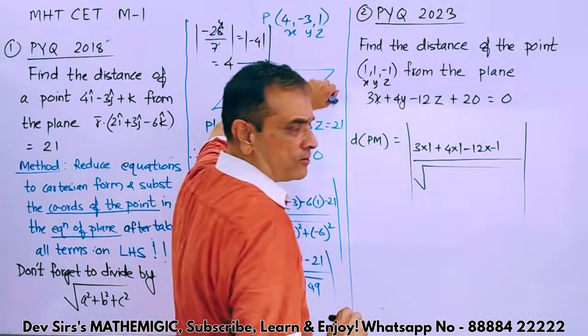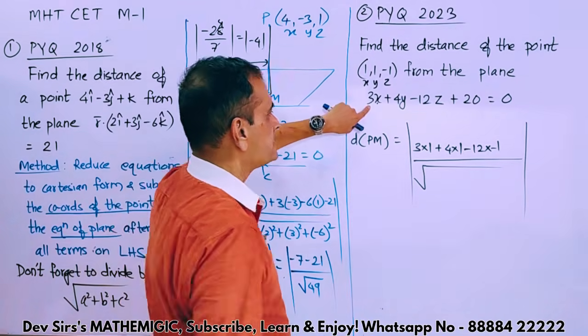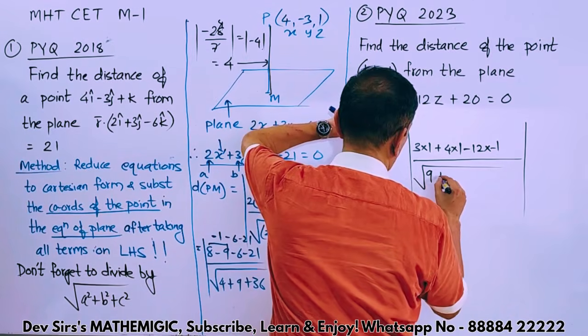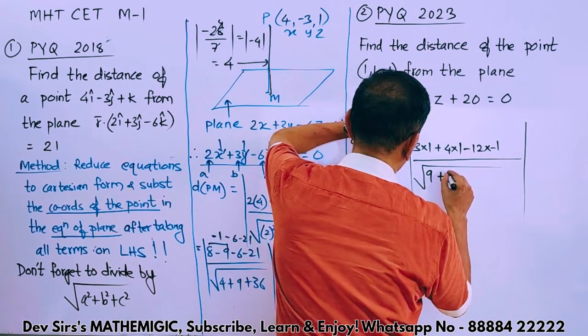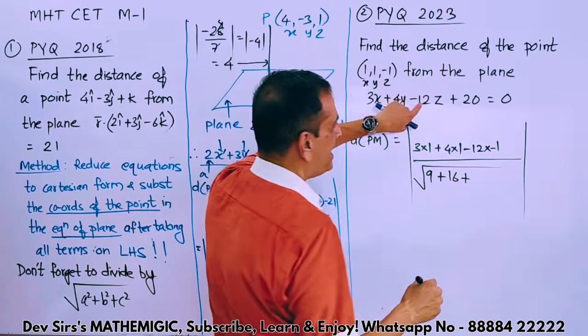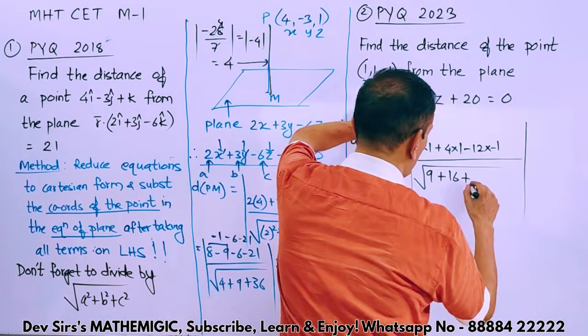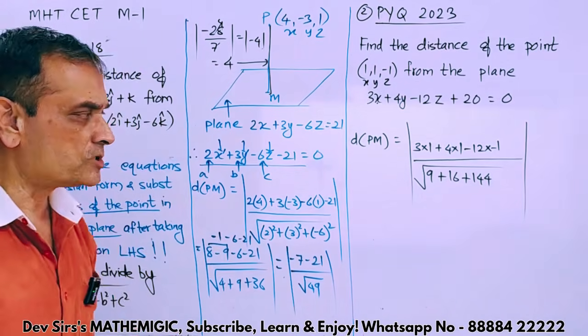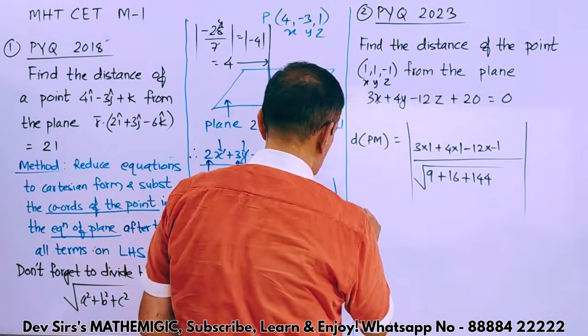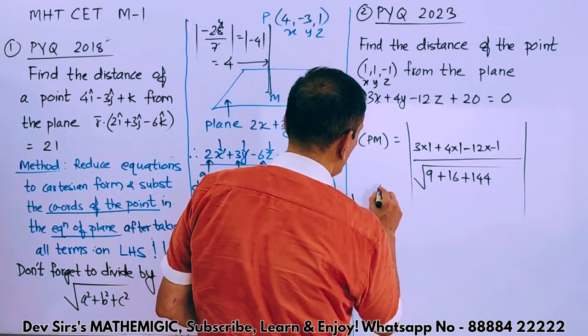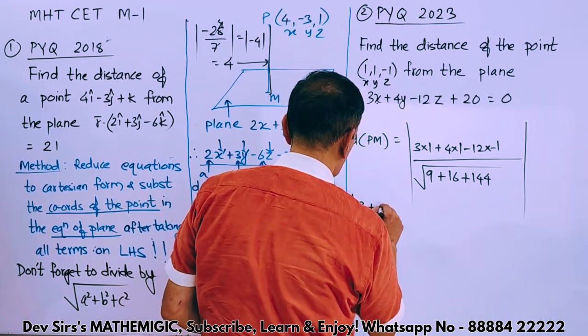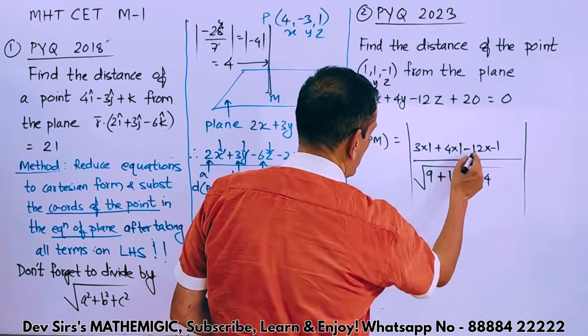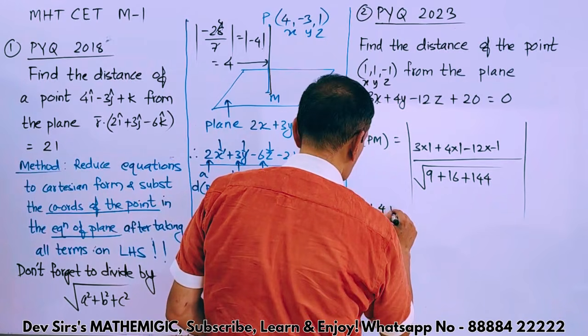So shall I do it orally now? We are doing CET. 3 squared is 9. 4 squared is 16. Square of minus 12 is 144. Square of a negative number is positive. So your answer is 3 into 1, 3, plus 4, minus 12 into minus 1 is plus 12.